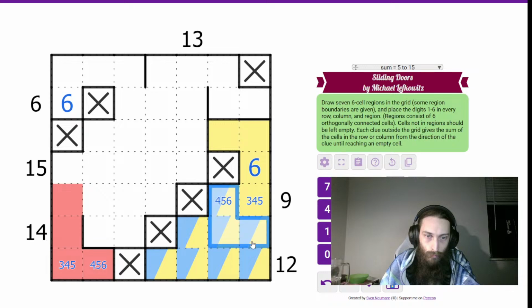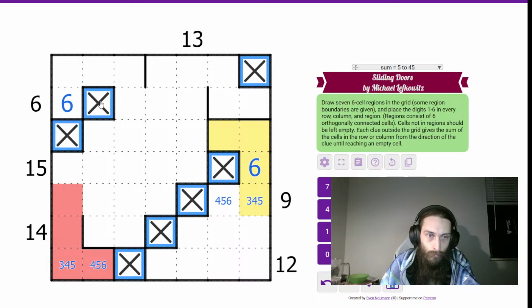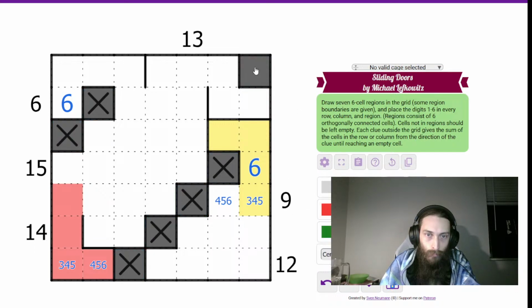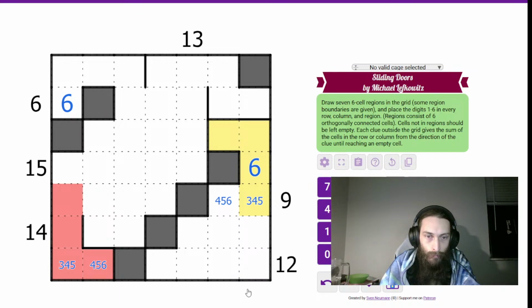I suppose you could make all the spots where the X's are gray and take the X's out, because they won't have digits.